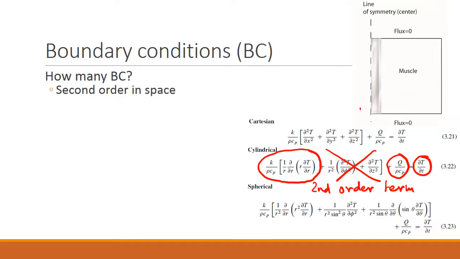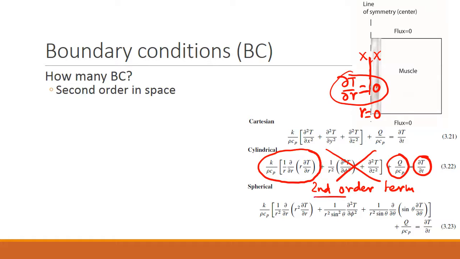We need a condition for R equal to 0, and that condition, because of symmetry, means del T del R is equal to 0. Things are symmetric with respect to T. Same T here as on the other side. That means del T del R is equal to 0. That's one condition.